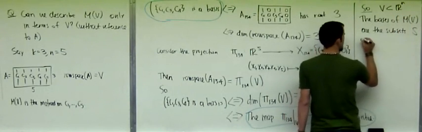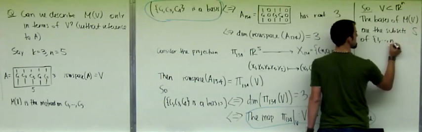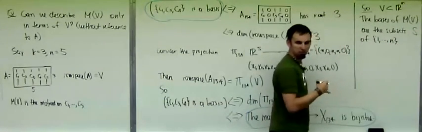These are the subsets S of 1 up to n such that projecting under those coordinates is a bijection.